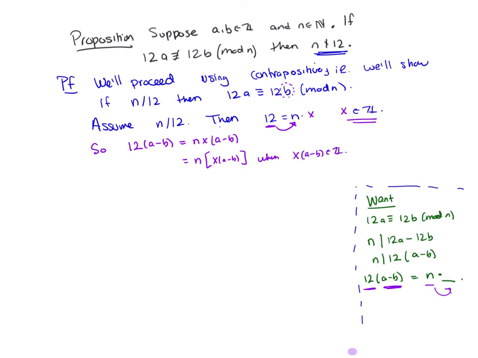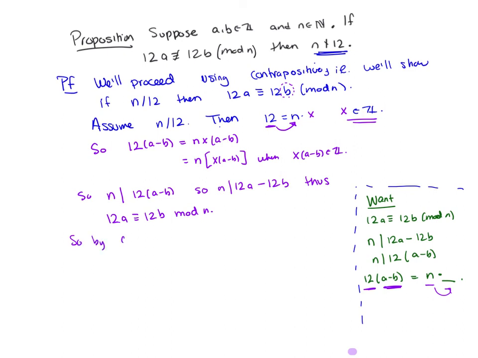All right, so we're looking good. So n divides 12 times a minus b. So n divides 12a minus 12b. Thus, by that definition, 12a is congruent to 12b mod n, which is what we wanted to show.